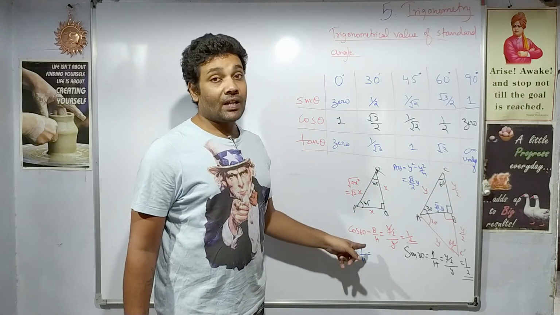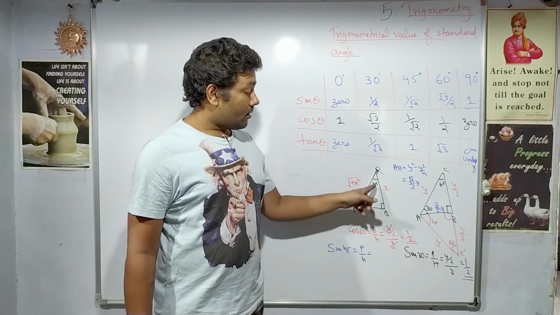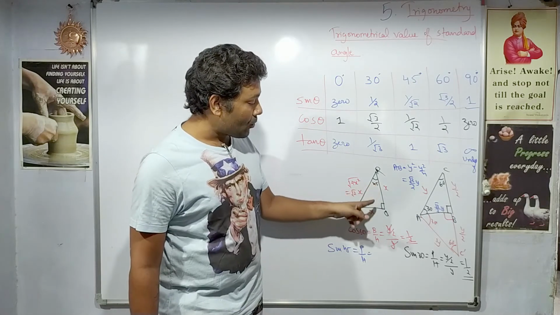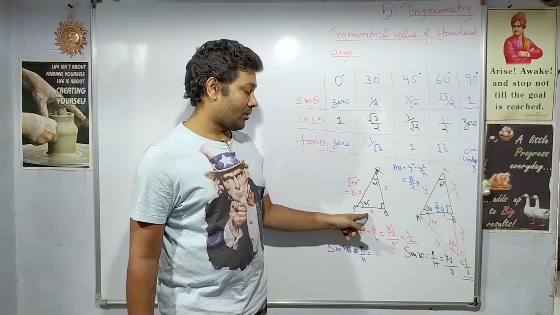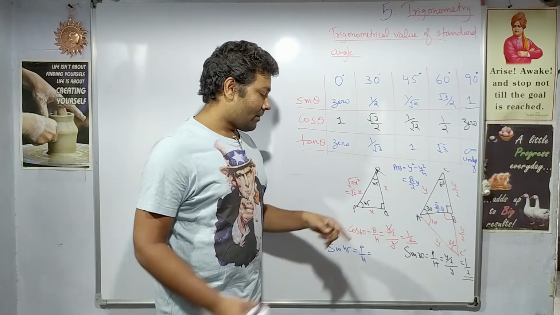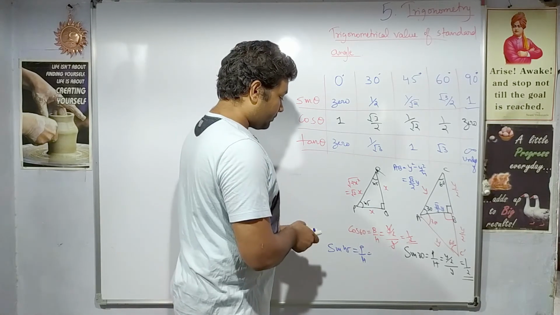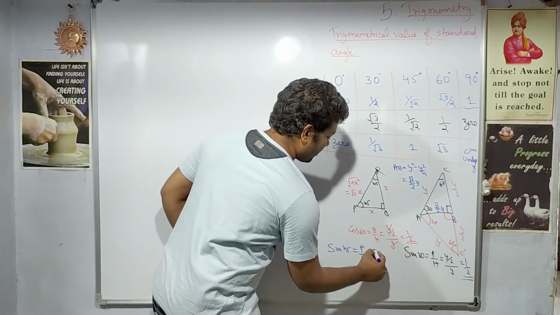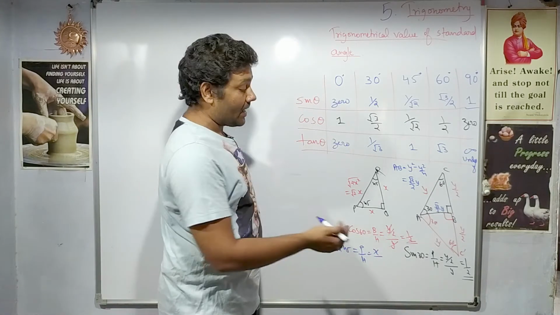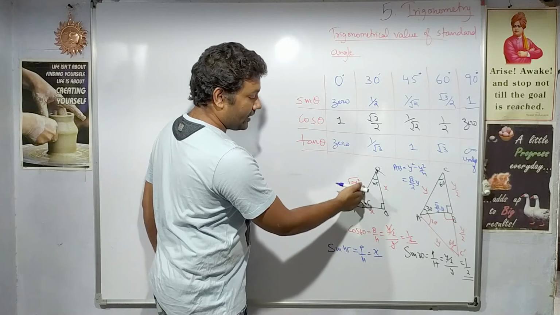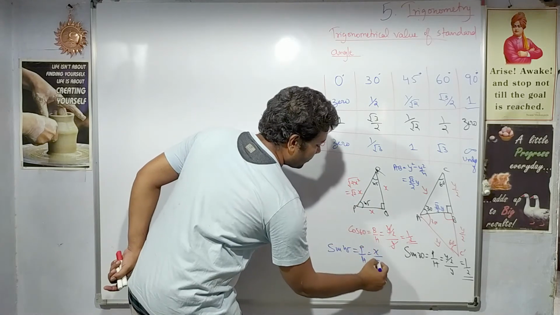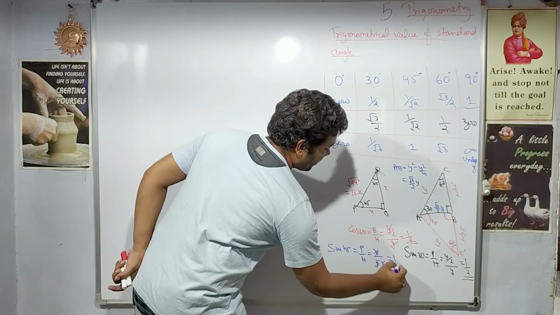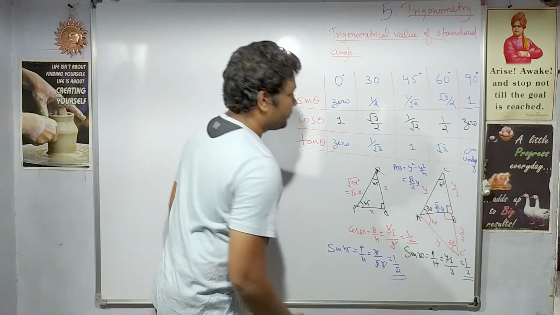Which side is called perpendicular? The side which is exactly opposite to the angle. So this is the perpendicular, value is x, write down x. Hypotenuse, the side exactly opposite to the 90 degree, has value root 2 x, x cancels, answer is 1 by root 2.